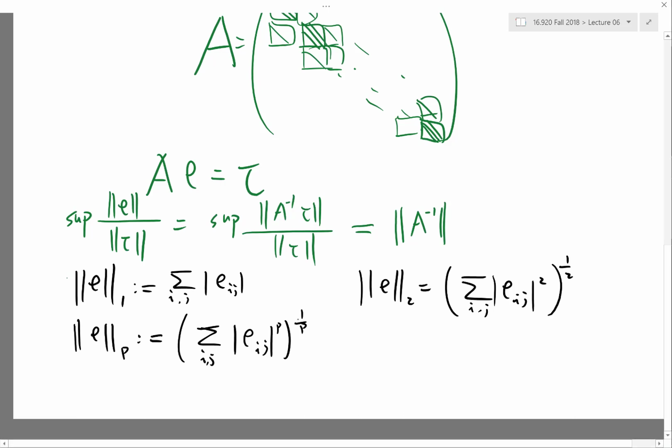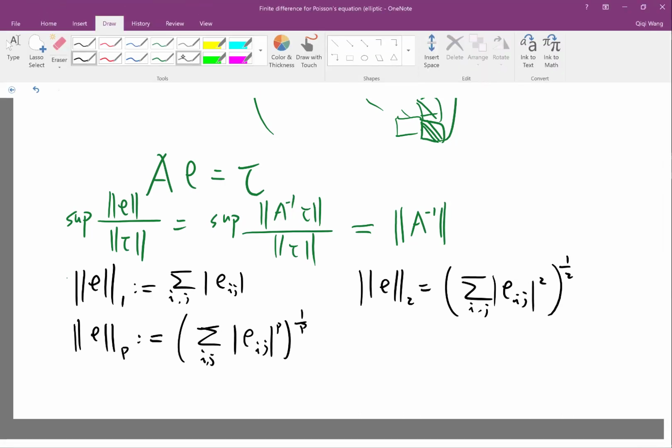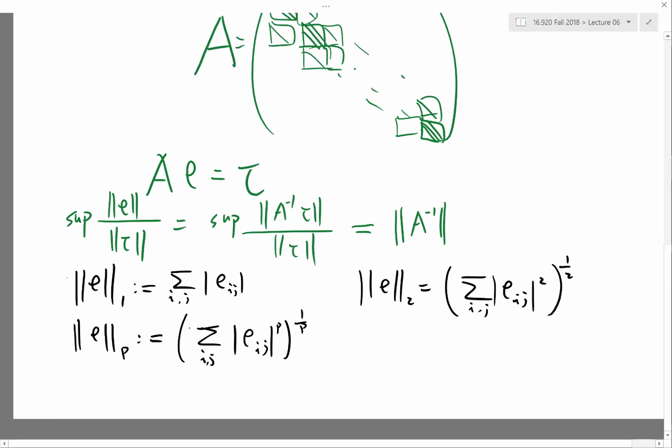There is one small caveat here. Especially in numerical PDEs, there is an alternative definition of the vector norm. Before you take the power of 1 over p, you may think of taking a 1 over the number of grid points, like n(m) over here, right? So instead of the sum, you take the average.